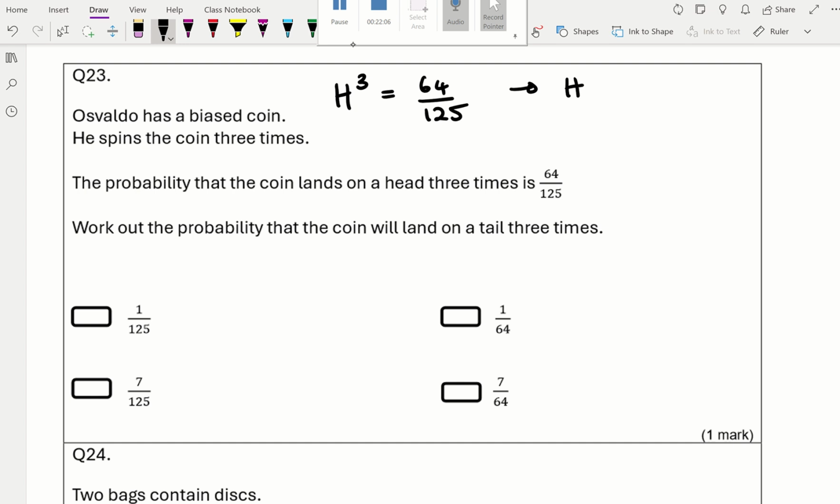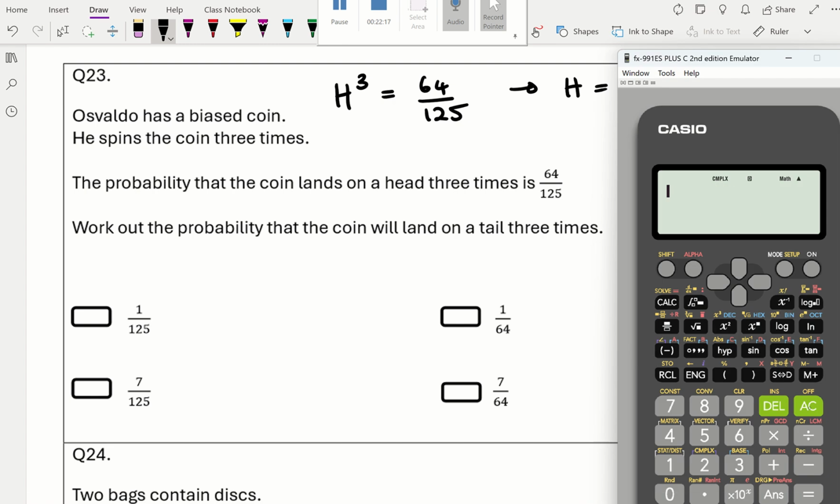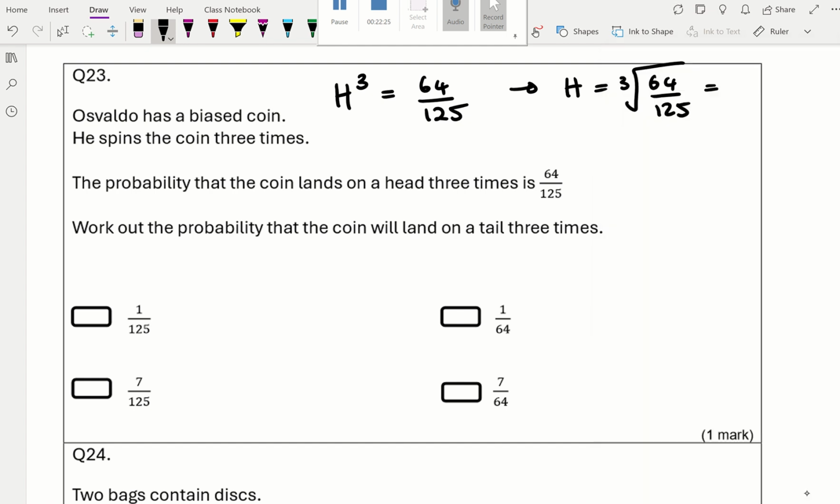That means that the probability of getting heads is the cube root of 64 over 125. You put that into your calculator. So I've got shift, cube root, fraction 64 over 125, and you get 4/5.